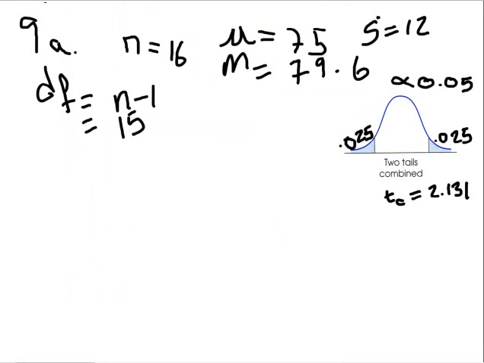Okay, so let's come on over here. t equals the mean minus the population mean, mu, over the standard error, or s_M, and that equals, well, we've got to find out what s_M is first, right?